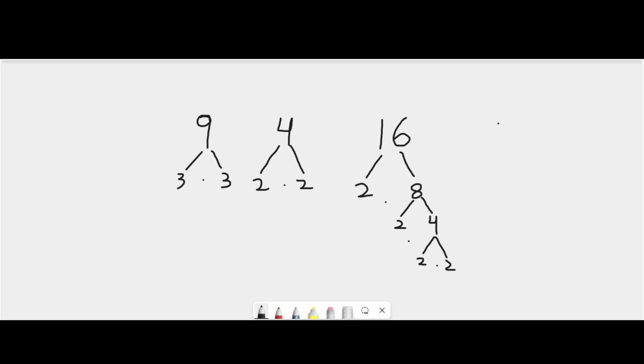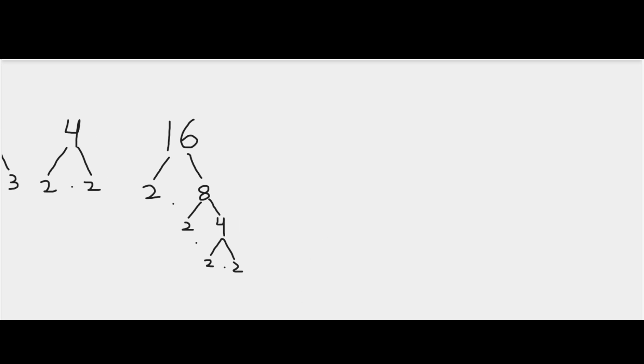But there's a different way to do this. We're going to move over a little bit and write out 16 again, because some of you might have seen 4 times 4 instead. We already have 4 here, but let's just do it again really quick.